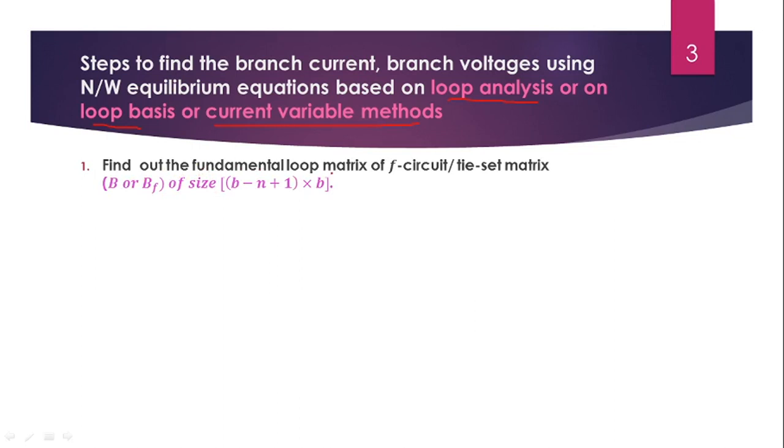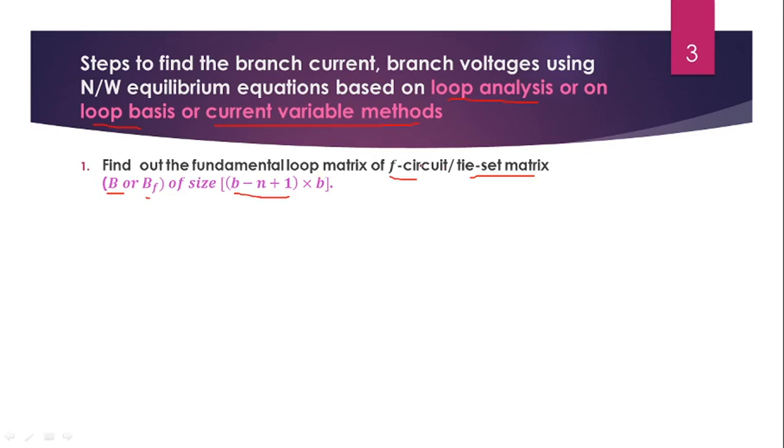Find out the fundamental loop matrix, or F circuit matrix, or tie set matrix. So it is B, or sometimes it is also known as B suffix F, that is the F circuit matrix. And the size of that matrix is L by B, link by branch, where link is B minus N plus 1.